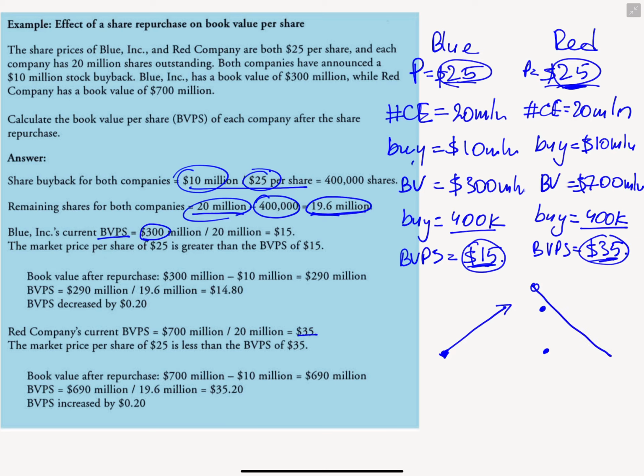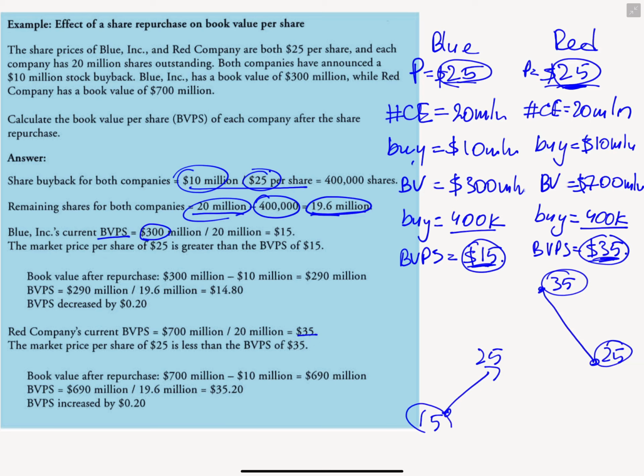Let's draw it like that. Before it was 35 for red and it decreased to 25. For blue company it was 15, and it increased to 25.